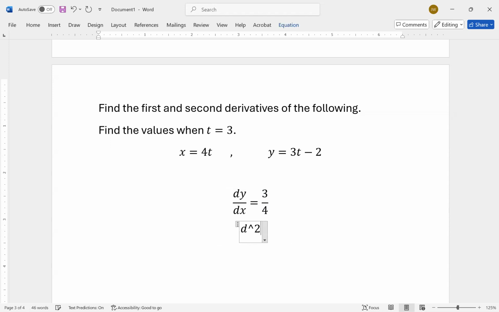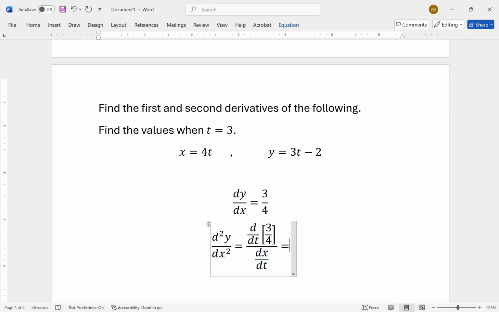Now, my second derivative, the second derivative of y with respect to x, is going to be the derivative with respect to t of the 3/4 that I just found. And then I divide that by dx dt.